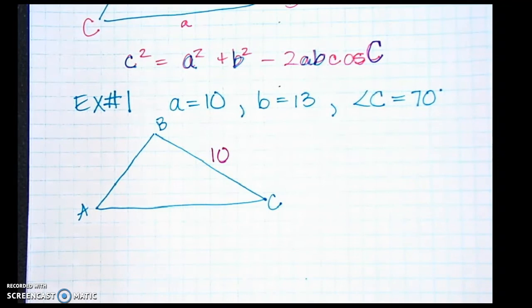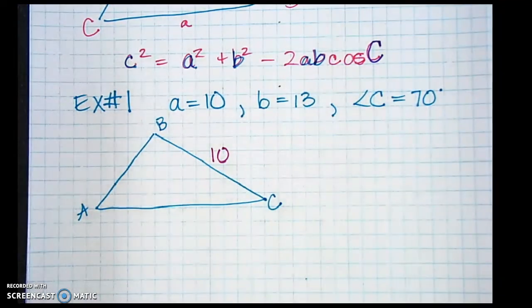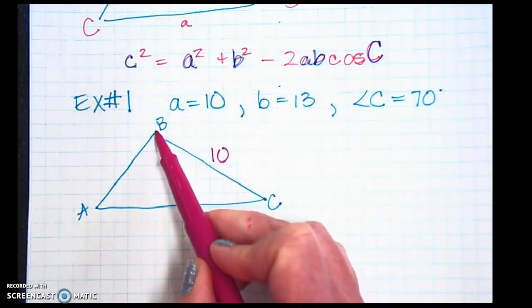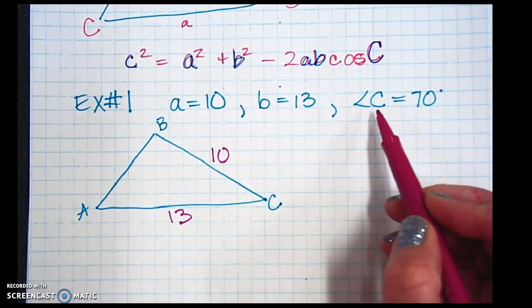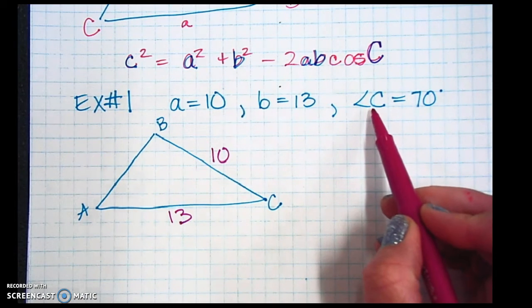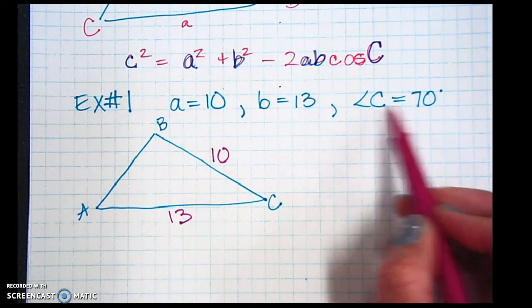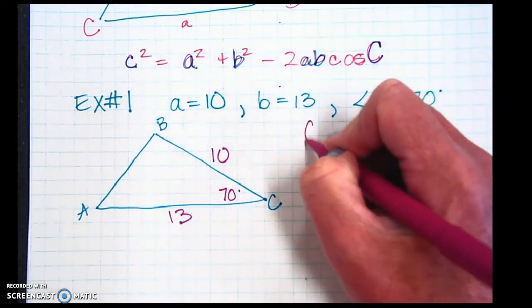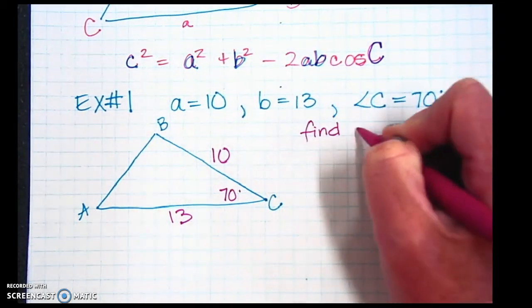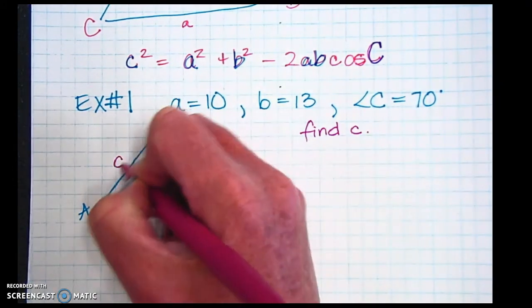If it's 10 centimeters, write 10 centimeters or 10 inches, whatever. Opposite angle B is side B, which is 13. And then angle C is 70 degrees. We are going to find little letter C. I'm going to put little letter C over there.